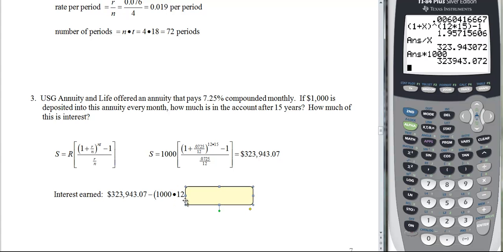Every 12 months. For how long? 15 years. So if I do my 323,943.07 minus, and technically I don't need parentheses, but I really wanted you to see that we've got to figure this out.